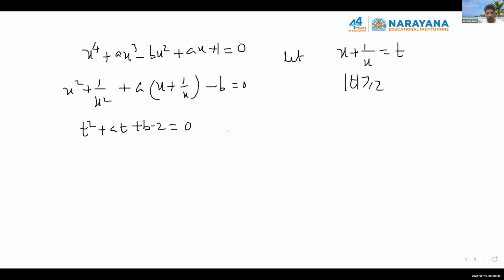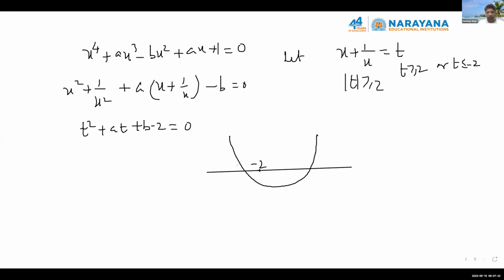If you want to draw the graph, it will be like this. Yes, sir. So where should 2 and minus 2 be? t should be greater than 2; at least one root should be like that. So either it will be on this side. Suppose minus 2 is here. Then one root could be smaller than minus 2, because t could be either greater than or equal to 2 or smaller than minus 2.